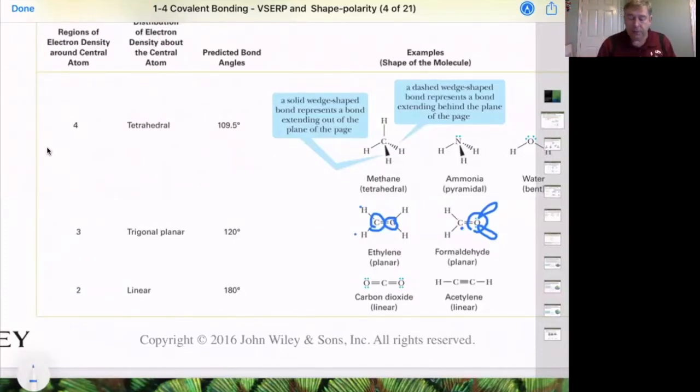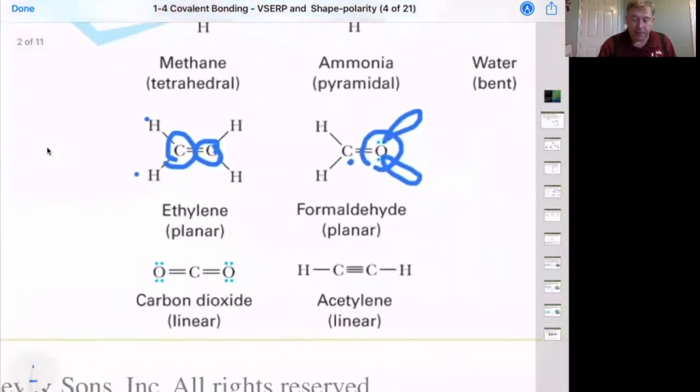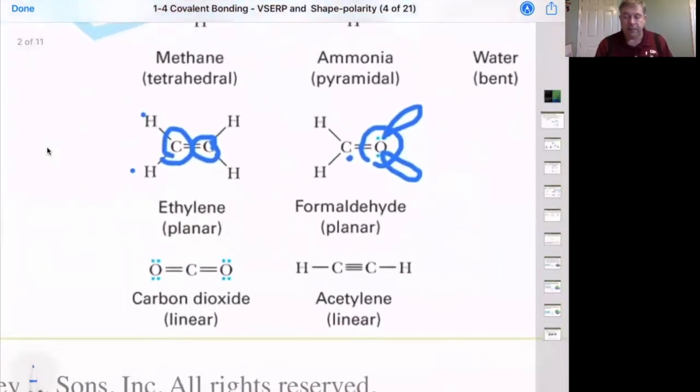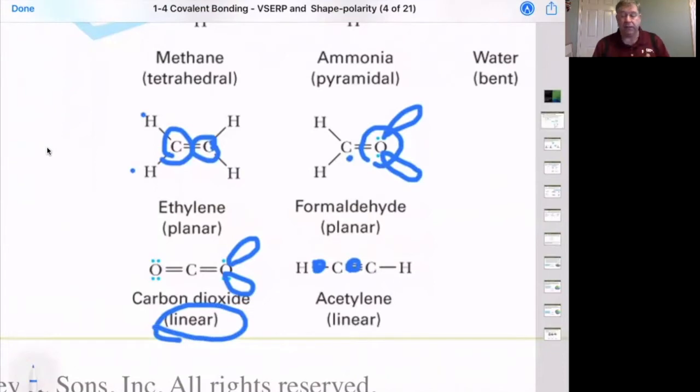So if we look at the molecular shape of something like carbon dioxide or acetylene, the 2 regions of electron density, this one right here and this one right here, are in a linear configuration. Now notice that the electron density on these right here would still be trigonal planar, but the molecule itself is linear because there are no bonds in those regions of electronic space.